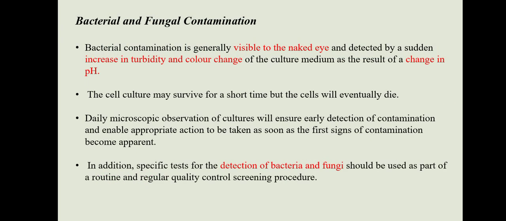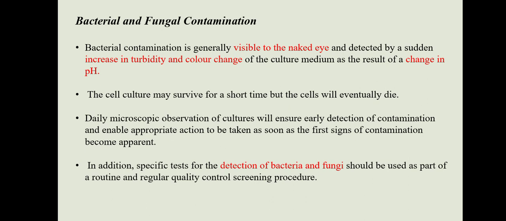First, bacterial and fungal contamination. Bacterial contamination is generally visible to the naked eye and detected by a sudden increase in turbidity and color change of the culture medium as the result of a change in pH. The cell culture may survive for a short time, but the cells will eventually die.